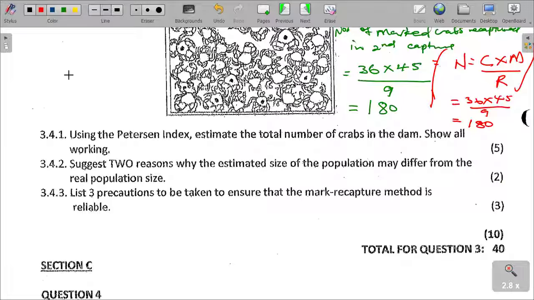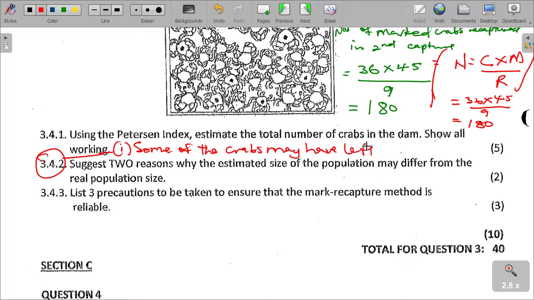One, question 2.1, it is because some of the crabs may have left the area, meaning they may have migrated.